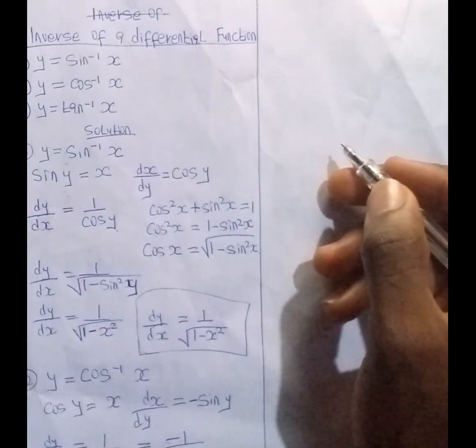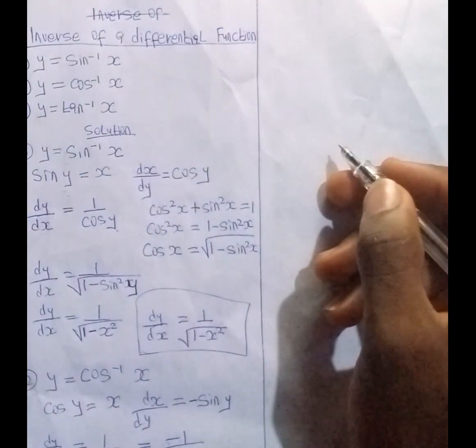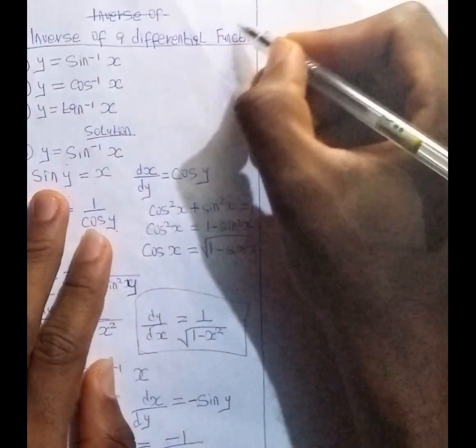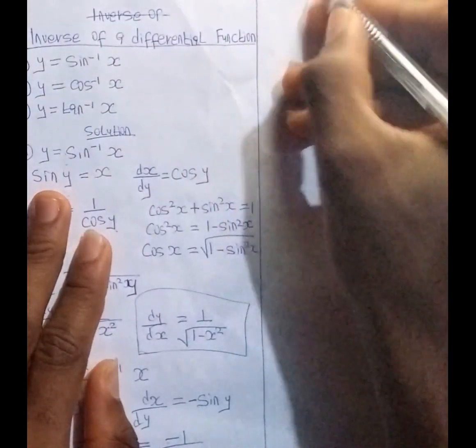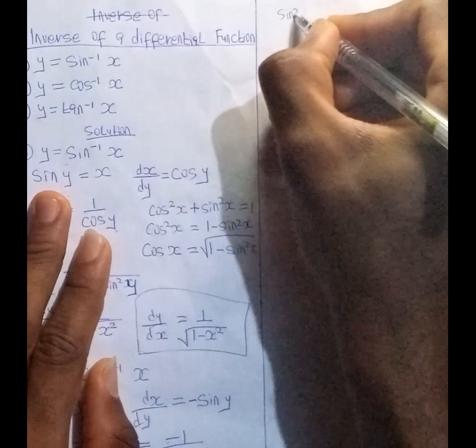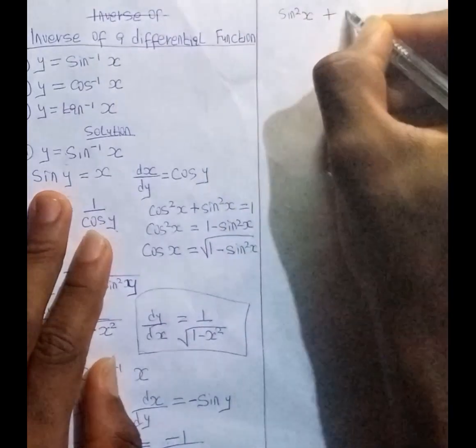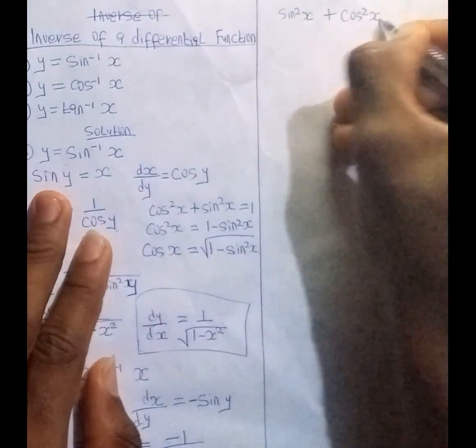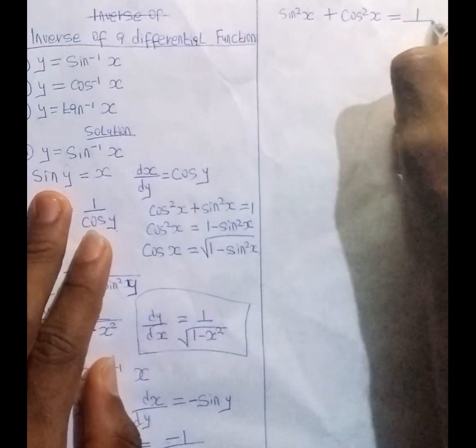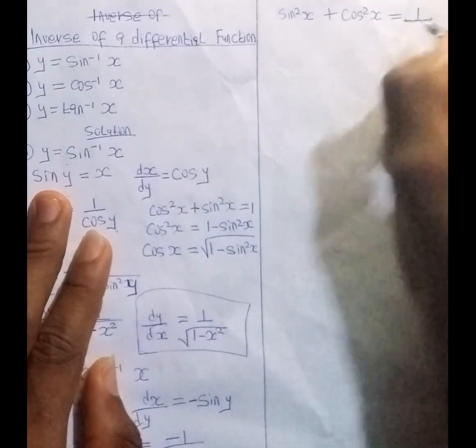From the trig identities, sine squared x plus cos squared x equals 1.